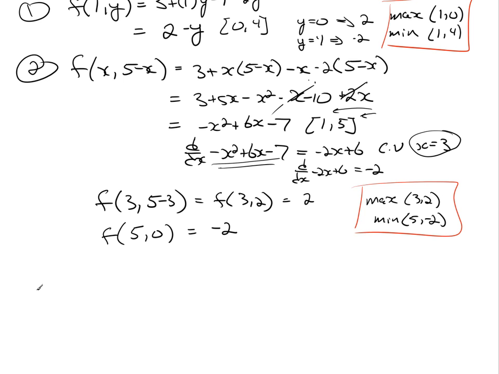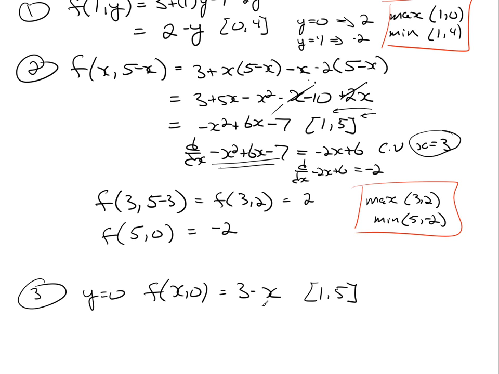So the last section, 3, that was simply the line y equals 0. So what we have is f of x, 0. And f of x, 0, that's going to be 3 minus x on 1 to 5.